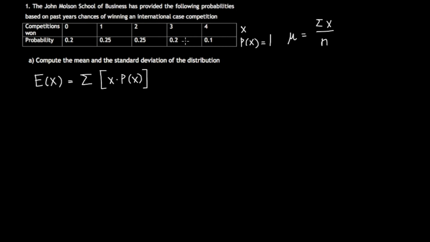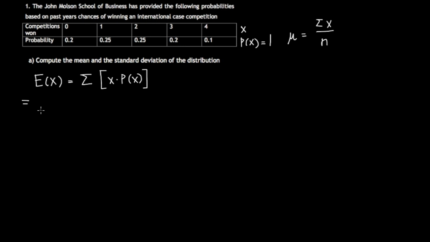So, how do we obtain the mean? It's quite simple. If we know that all the outcomes within a given set make up the entire set, and each one has an assigned probability, then if we multiply each of these outcomes by their corresponding probability, we'll obtain a certain number of competitions won. And then if we add all those up, we'll obtain the average number of competitions for a given year. So let's illustrate it and you'll better understand.